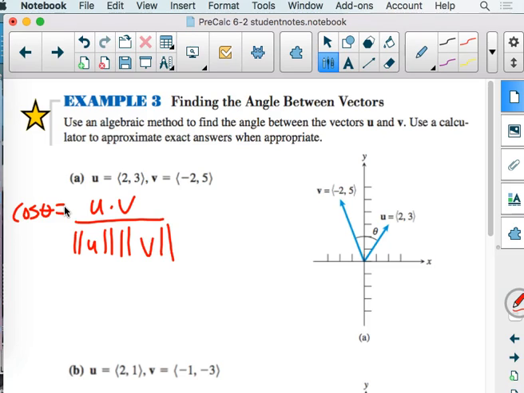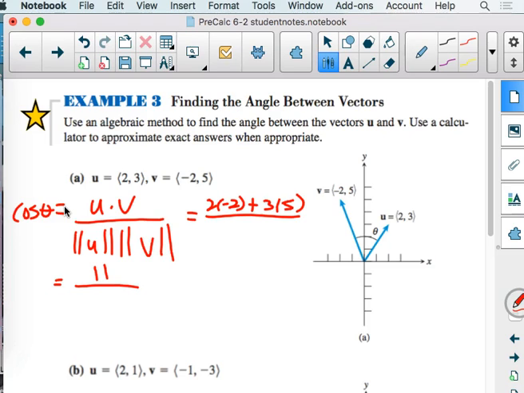I have to find the dot product. Okay, so dot product. 2 times negative 2 plus 3 times 5. Negative 4 plus 15. Little 11 right there. And then I remember it's pretty easy to find the magnitude when it's in component form.